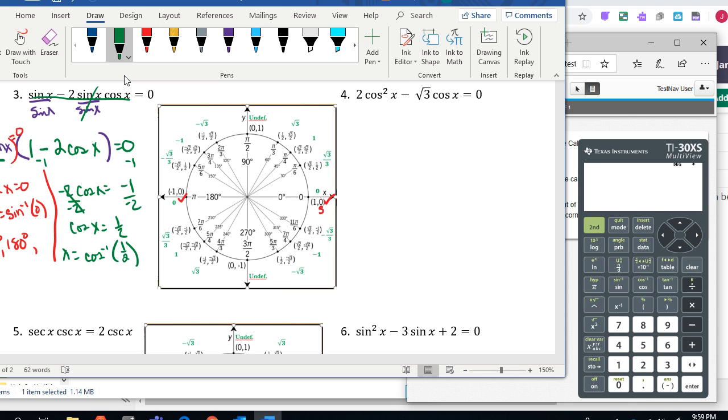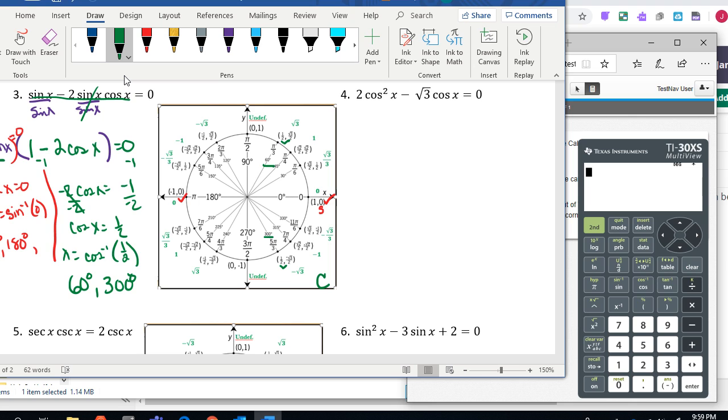Notice this is not positive or negative, it's only positive. So cosine is positive 1/2 here, and cosine, remember all stairs take caution, cosine is positive down here. There it is right there. So we have 60 and 300, excuse me.